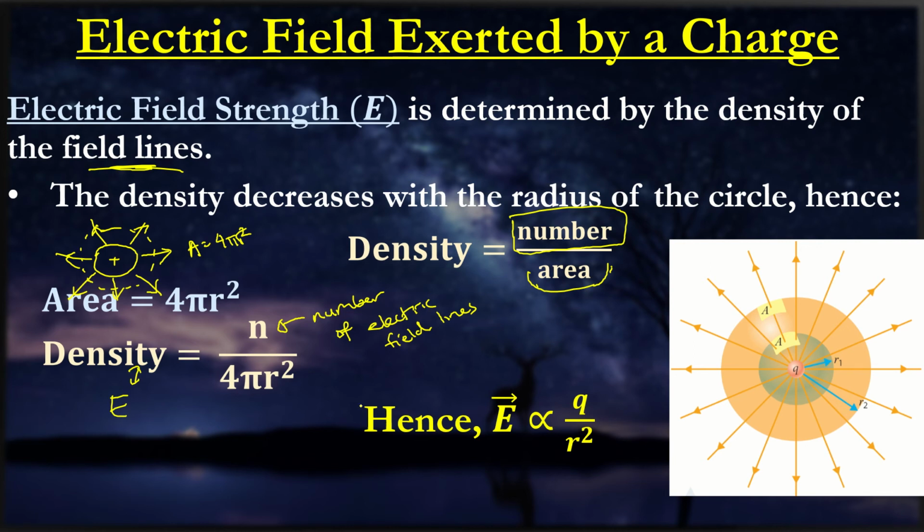We can say that the overall intensity of the electric field, or the strength of the electric field, is inversely proportional to the square of the radius, and it is directly proportional to the charge of the particle.